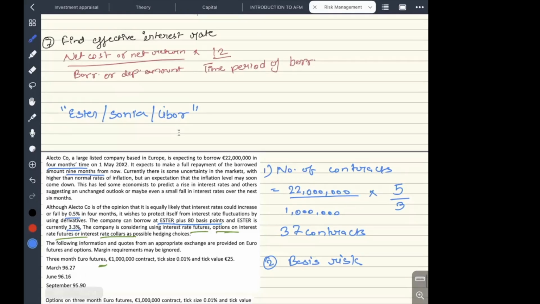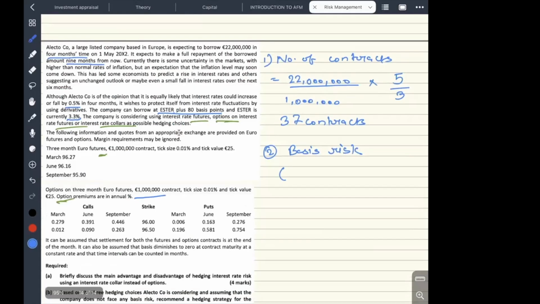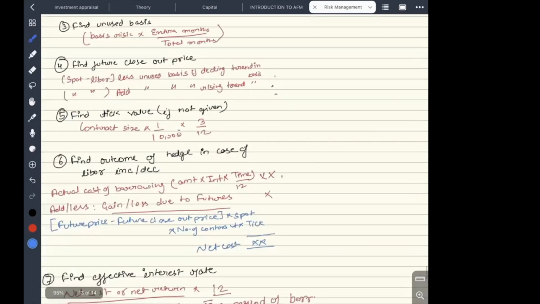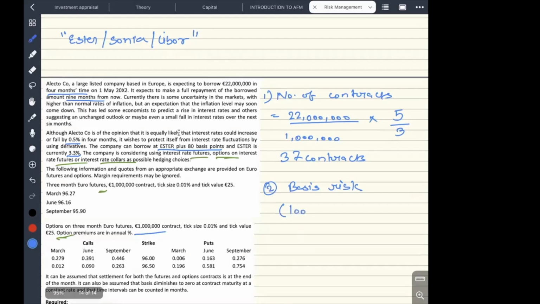So now what we have to do is spot. Spot always remains 100. Spot is always 100 minus what is LIBOR? 3.3 because LIBOR and Sonia and Ester are the same. Should I make them equal to each other? That would be easy.